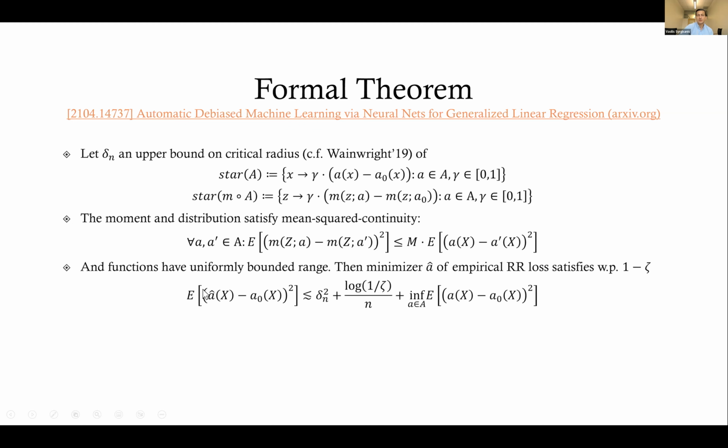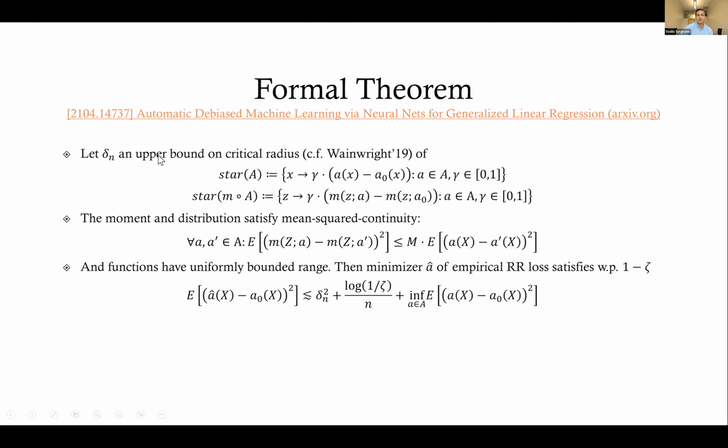Then you can show that the minimizer of the empirical loss is going to achieve fast rates, meaning of the order of the square of the critical radius plus some bias error if your true Riesz representer is not in the class over which you're minimizing. I'm saying fast rates because, for instance, for parametric function classes, delta n is typically of the order of 1 over root n, and so you're going to get mean squared error rates of the order of 1 over n.